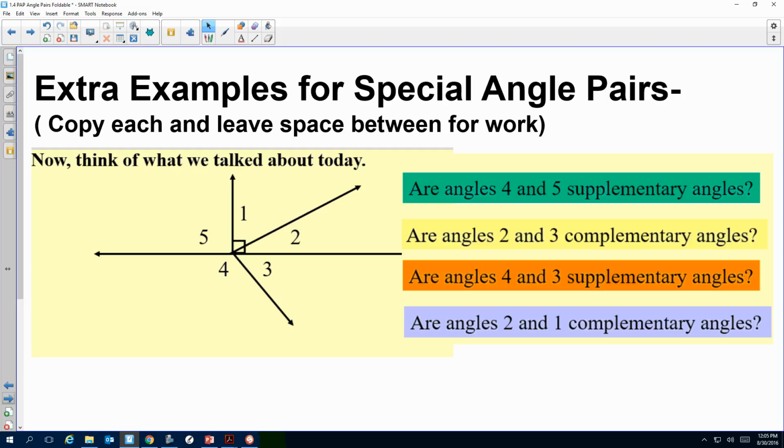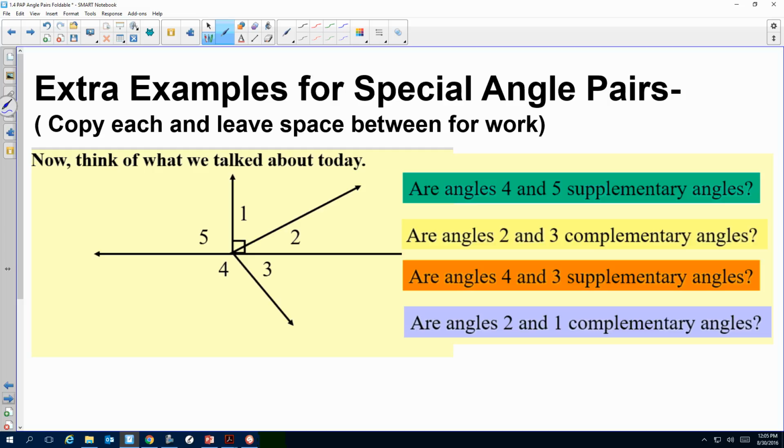Would 4 and 5 be supplementary? Supplementary has to equal what? 180. So what other angle equals 180? Yes, 4 and 3 would work.